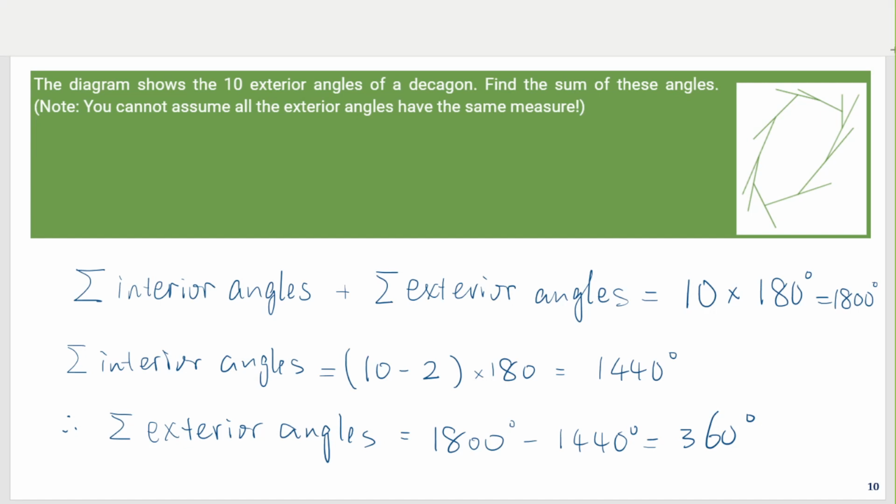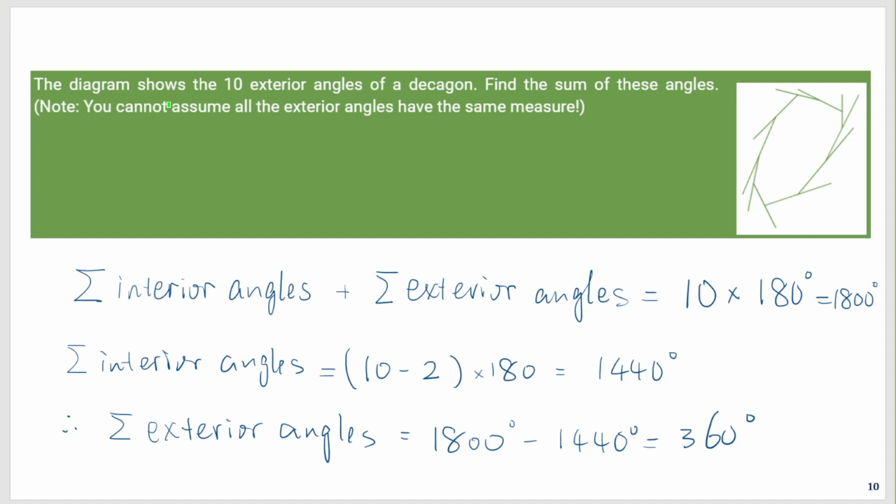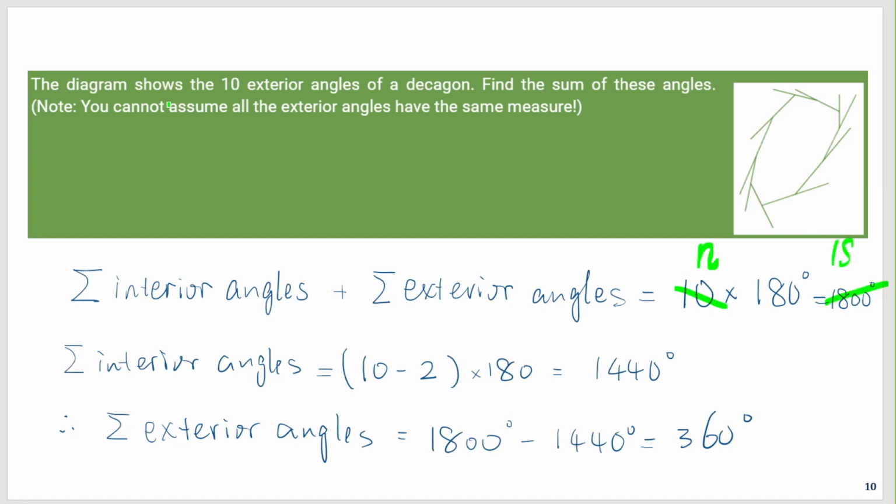Okay, and actually this is also true when the number of sides is n. For example, if the number of sides is n, we know that the sum of the interior angles plus the sum of the exterior angles should be n times 180 degrees, which is 180n, right? Then the sum of the exterior angles is 180n minus n minus 2 times 180, which is 360 degrees, right?